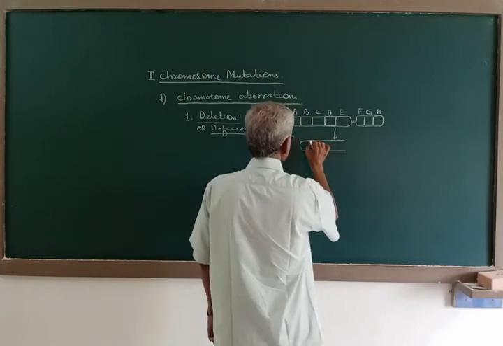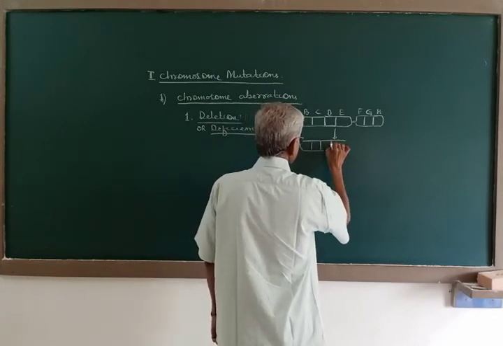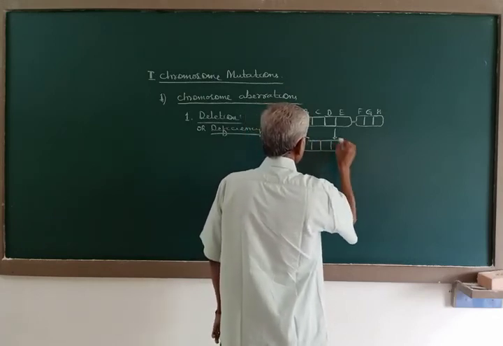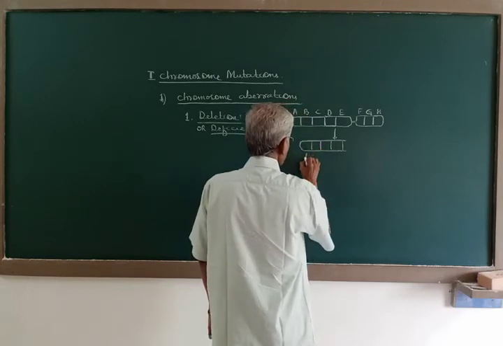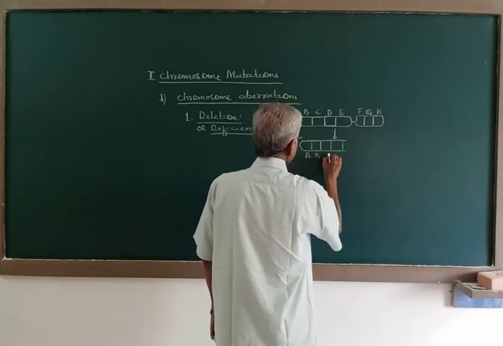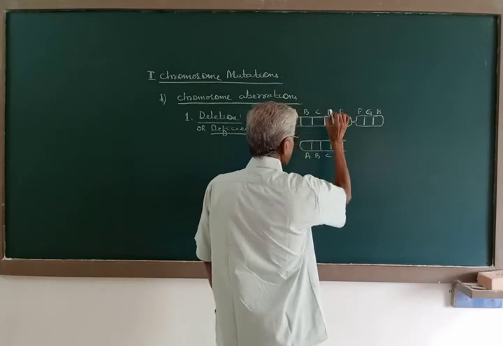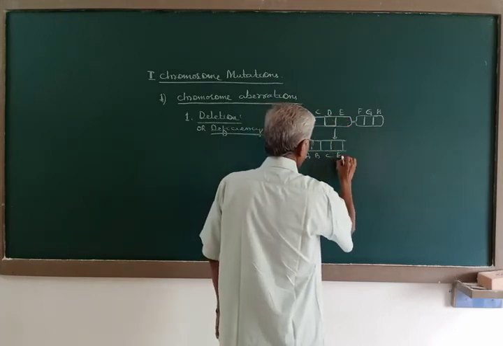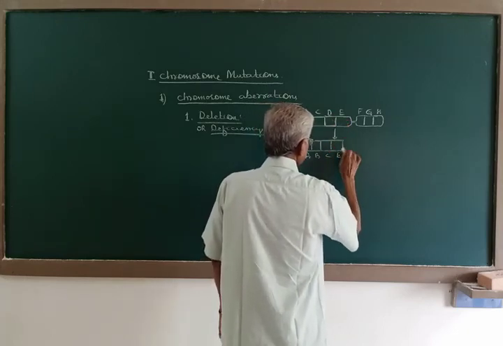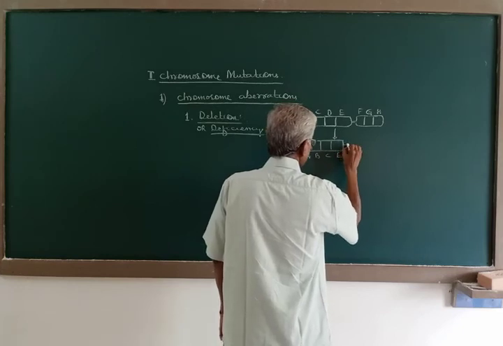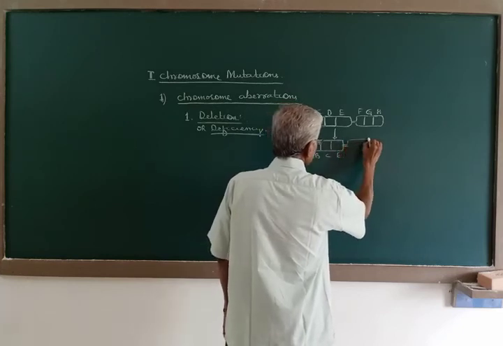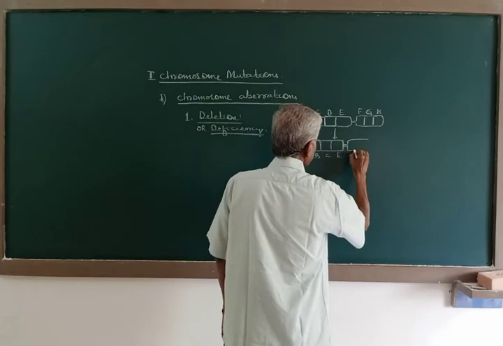So now this chromosome will have A, B, C, but D is being lost, and you have this E, and the rest of the part remains same.